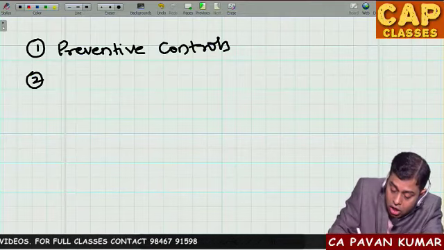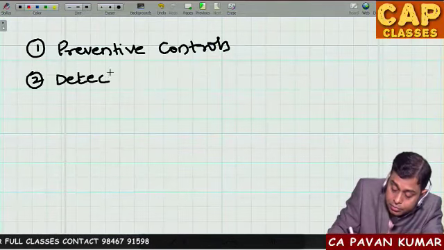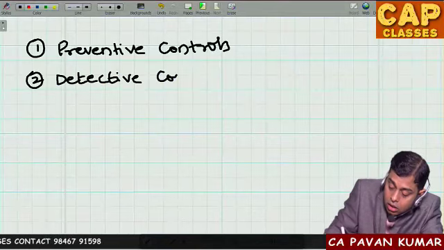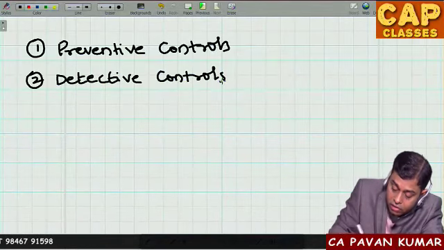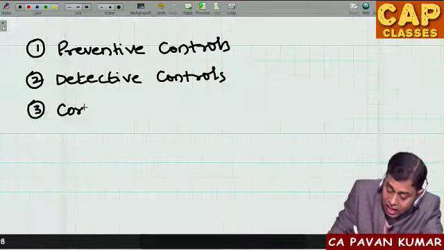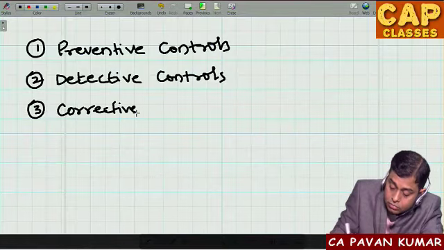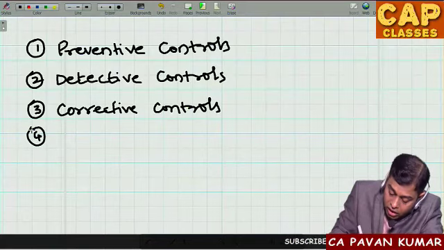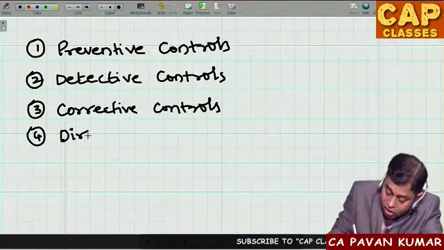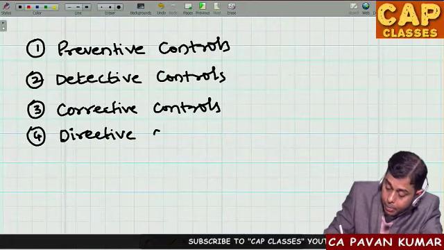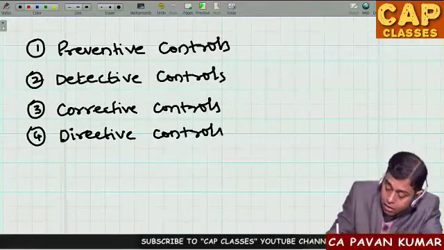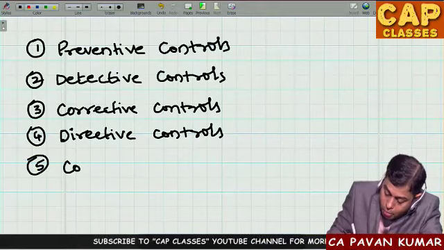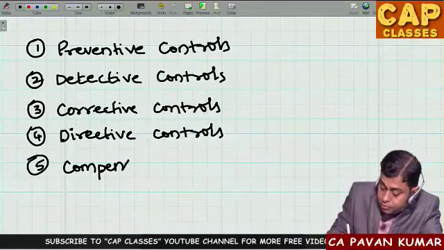Second one is called detective controls. Third one is known as corrective controls. Fourth one is known as directive controls. Fifth one is known as compensating controls.